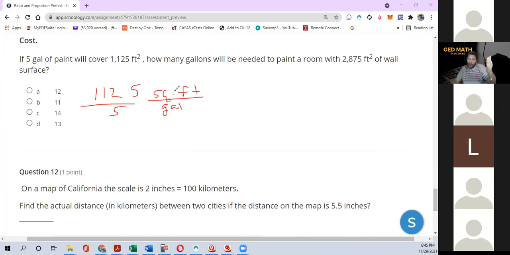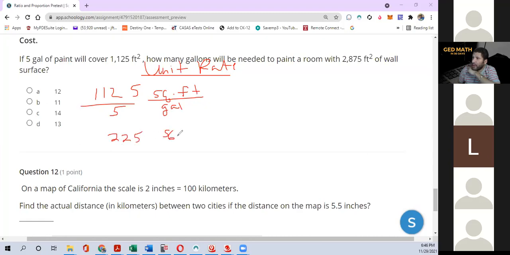That division is square feet per gallon. This is what you just said is unit rate. How much will 1 gallon cover? So what's 1125 divided by 5? 225.